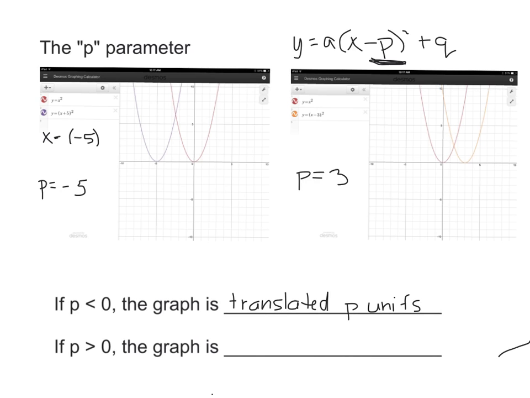Whatever p is equal to, it's that many units. If p is greater than 0, the graph is translated p units to the right.